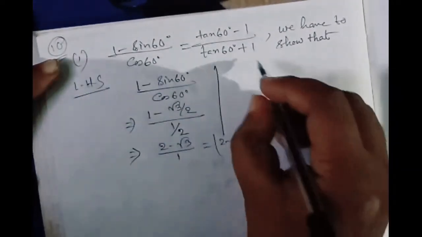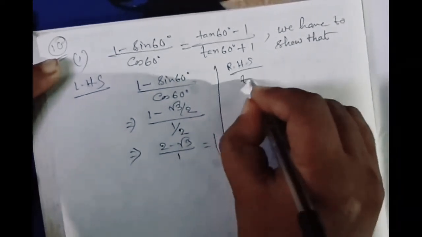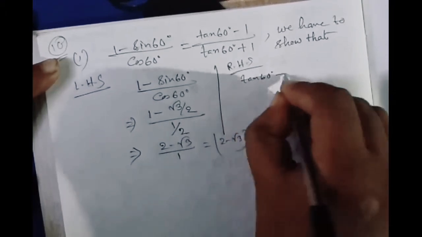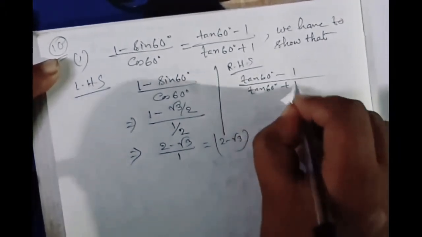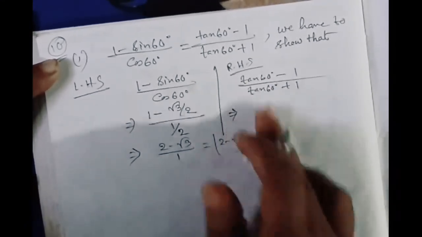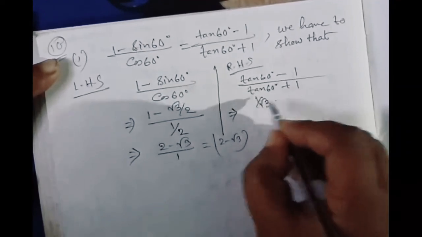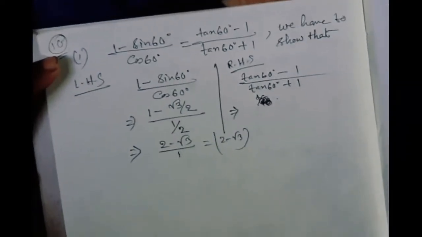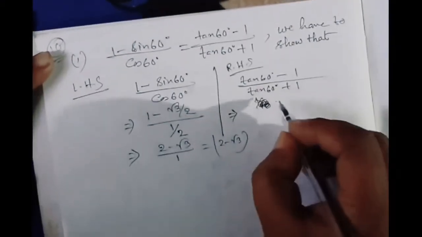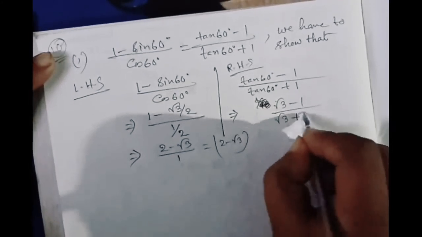Next come to the RHS, tan 60 minus 1 by tan 60 plus 1. The value of tan 60 is equal to root 3. So this is root 3 minus 1 by root 3 plus 1.